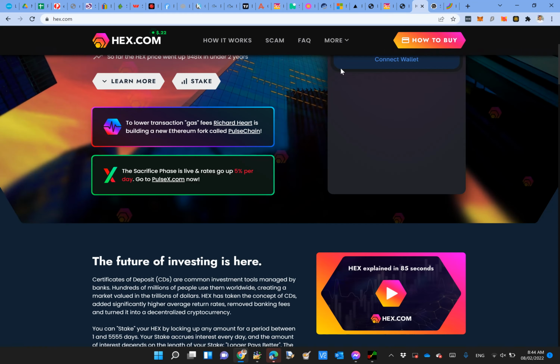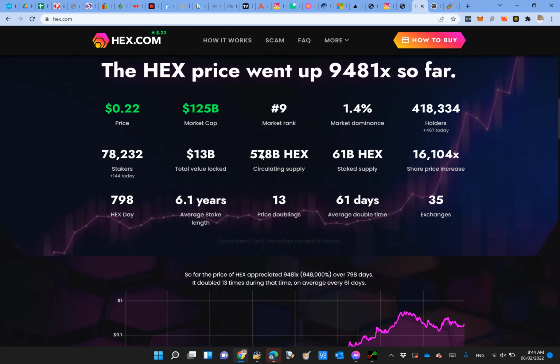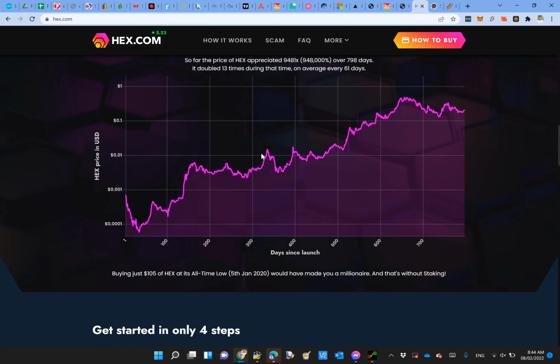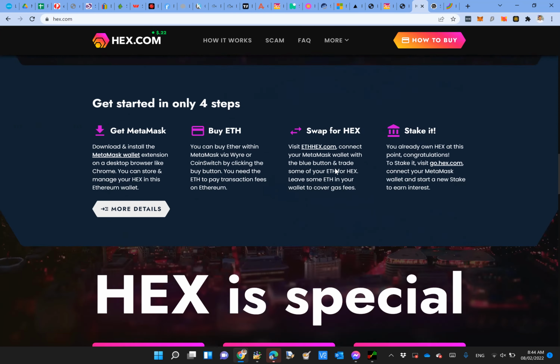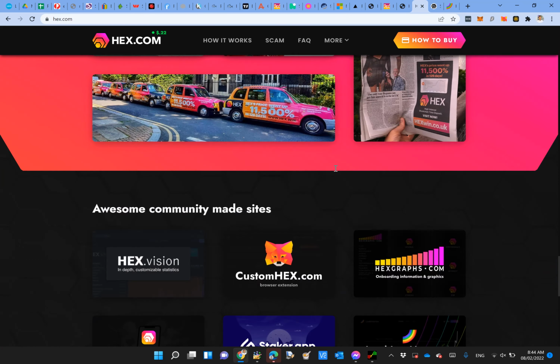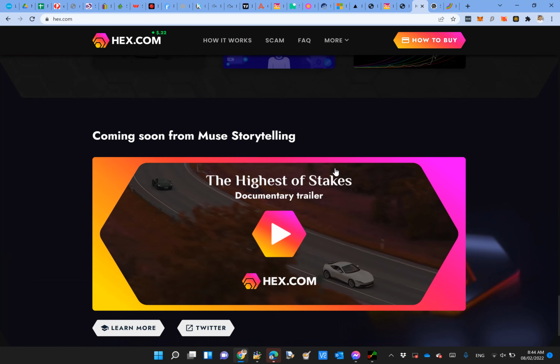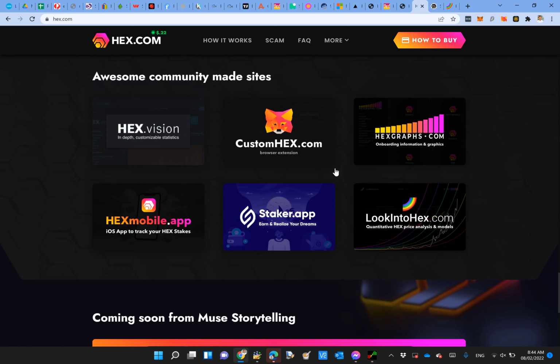Yeah. So let's see if I have a chart here. Oops, here we go. This is just the HEX price, but the T-share price, let's have a look. The T-share price can go up and down.